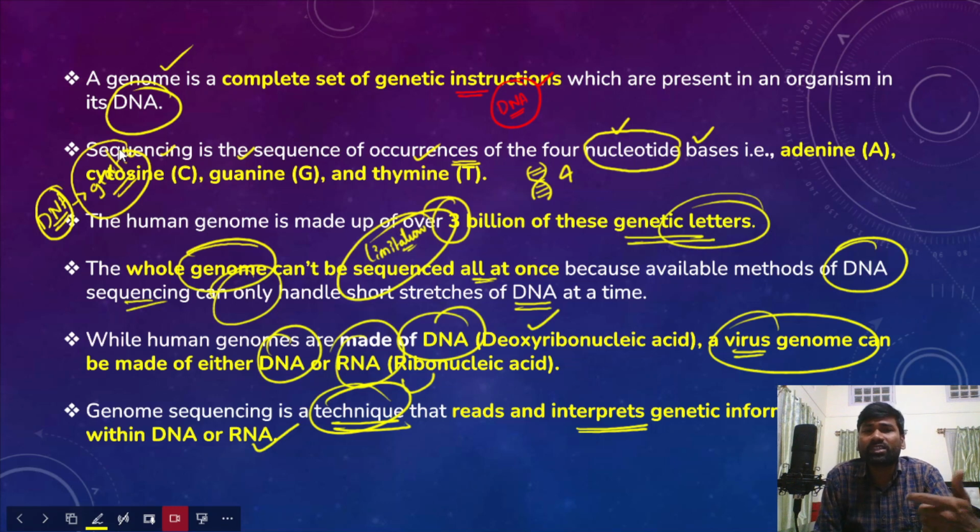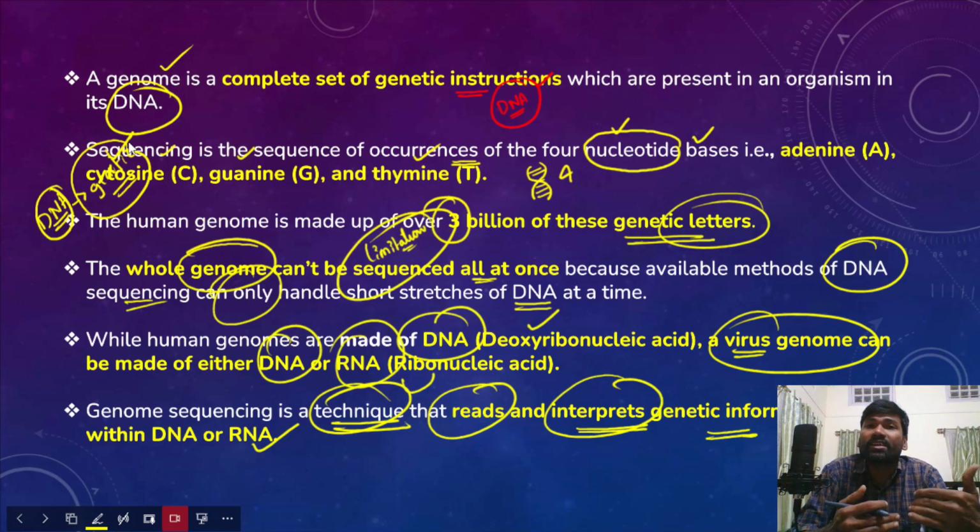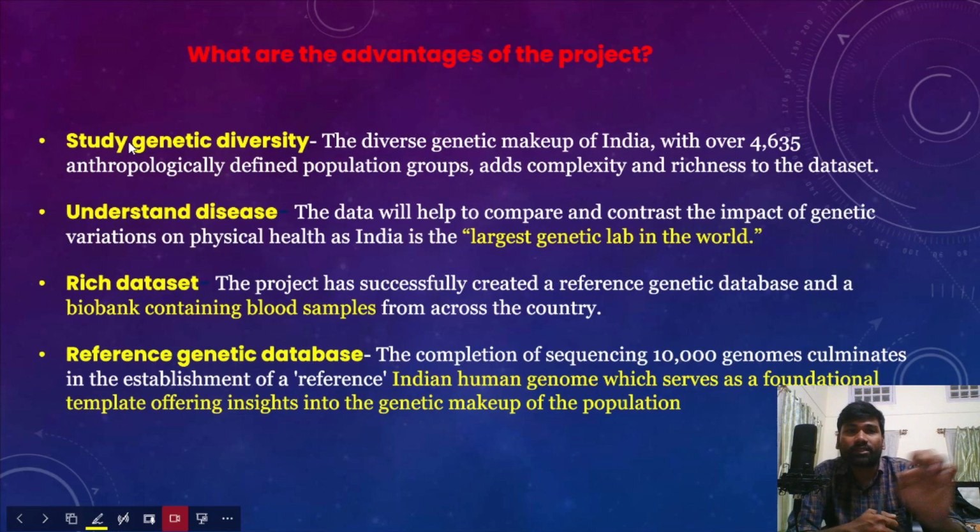Genome sequencing reads and interprets the genetic information present in the DNA and RNA. That is the essence of conducting genome sequencing. We will understand the applications of genome sequencing in a later part of this lecture.